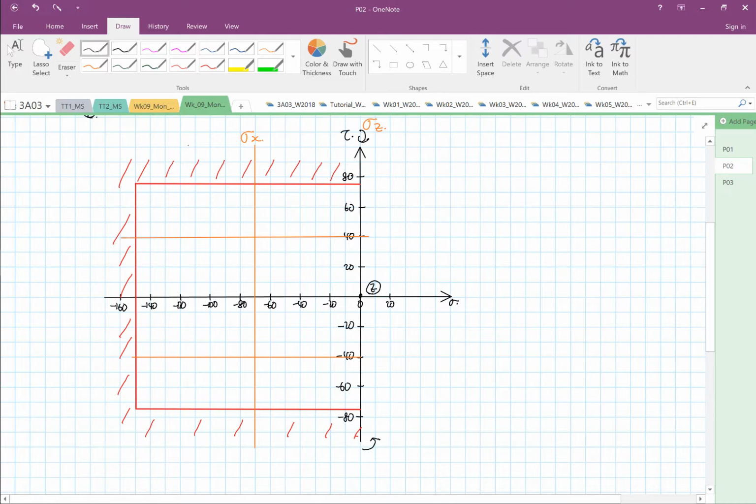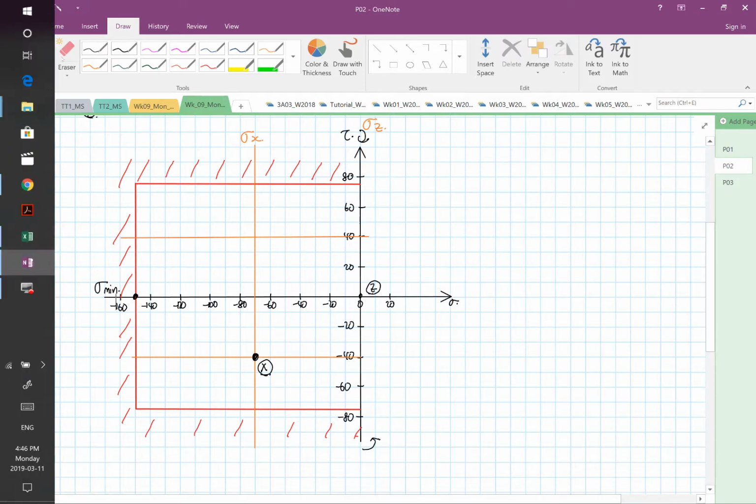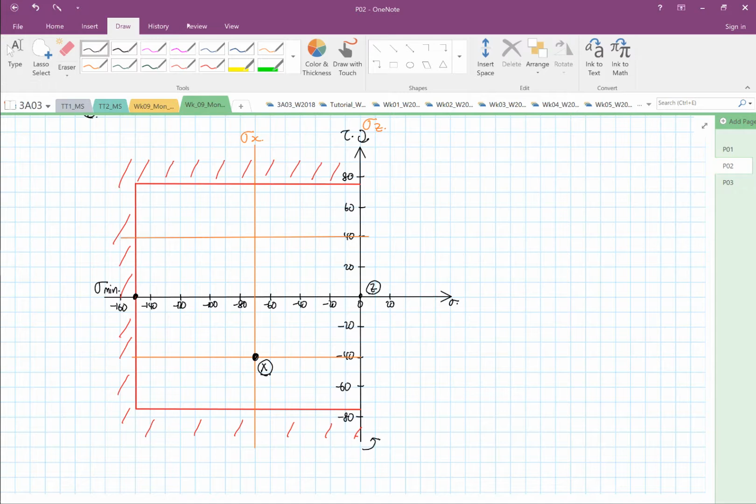And then again, we know that this is our X. There's another possibility that this can be our stress mean, and it cannot go beyond. So now you can draw a line from here to here.